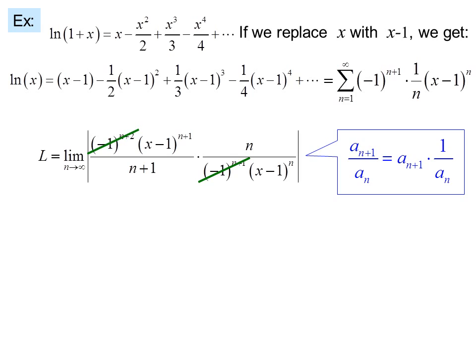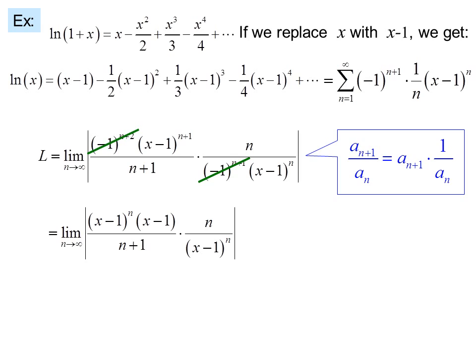In this case, we can cross out the negative 1s. They're in an absolute value sign, so it doesn't matter whether it's positive or negative. Then we expand (x minus 1) to the n plus 1 to be (x minus 1) to the n times (x minus 1).